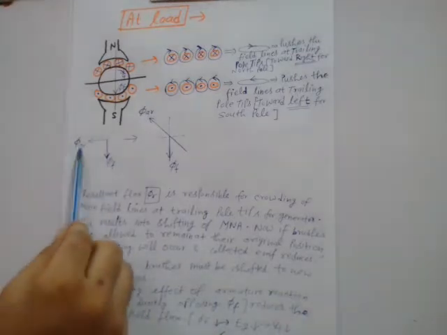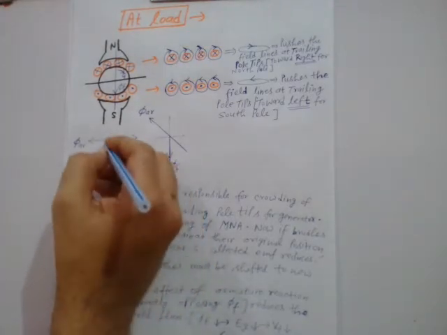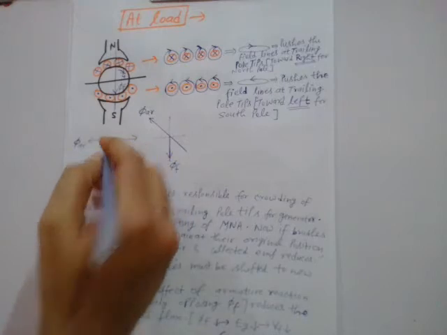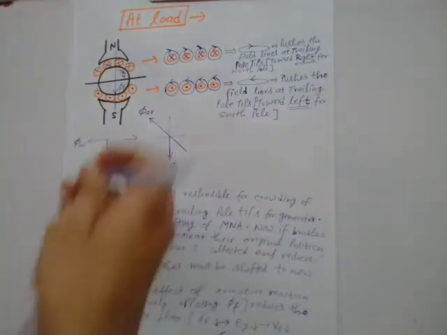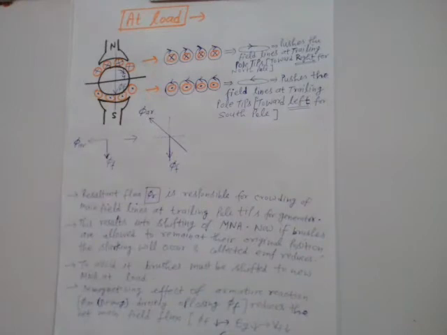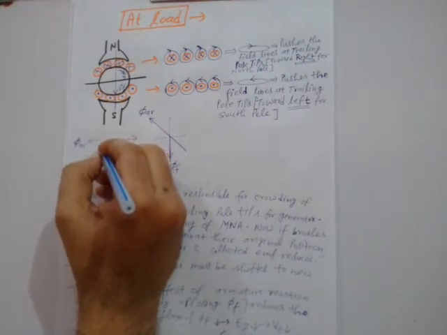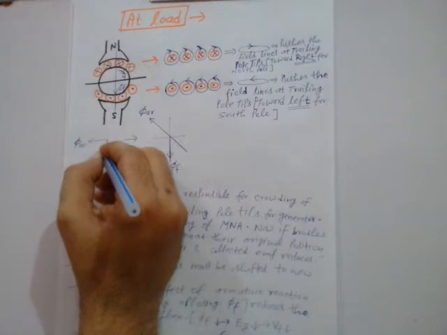So now due to this armature flux and this field flux, the resultant flux will not be just perpendicularly downwards, right? It will have some intermediate position like this.